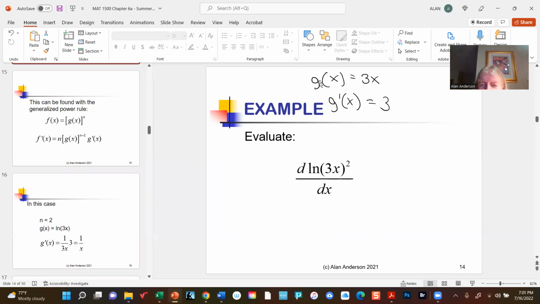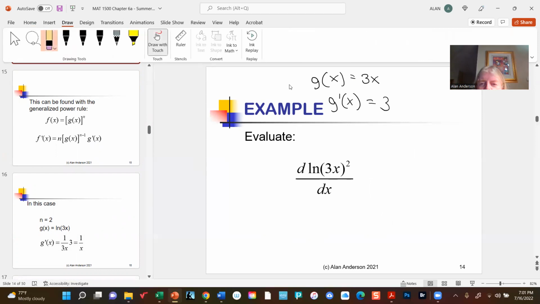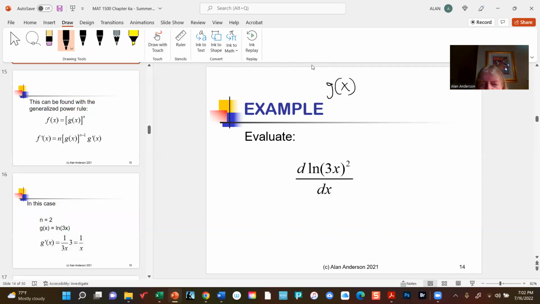No, I'm doing it because this is squared. We're not going to do it this way. Hold on one second. We're going to do it slightly differently. We're going to let g of x be the entire expression, because this entire expression is being squared. So this is our g of x.